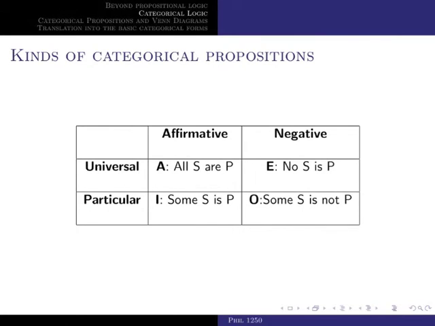So A is a universal affirmative. E is a universal negative. I is a particular affirmative. And O is a particular negative.